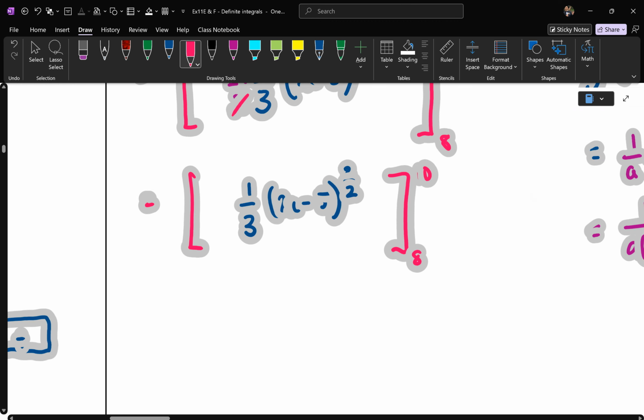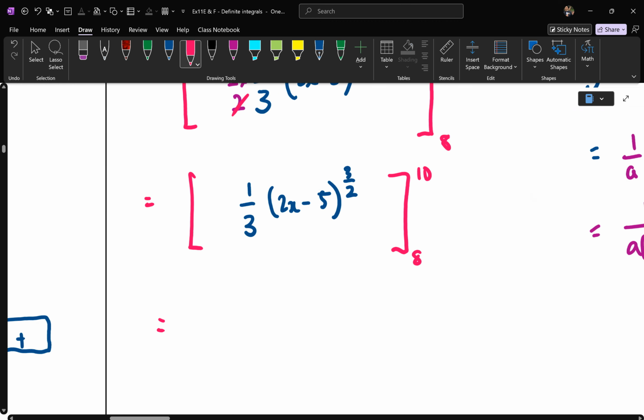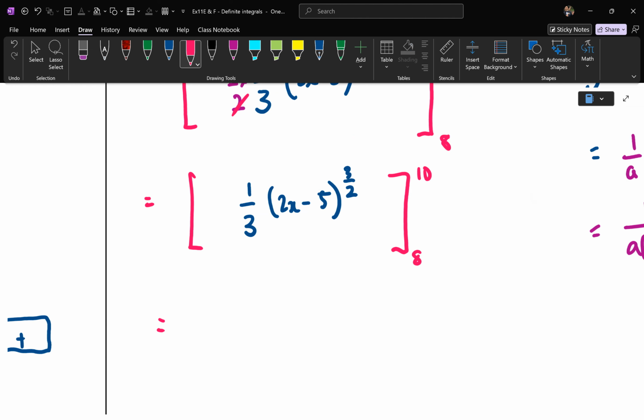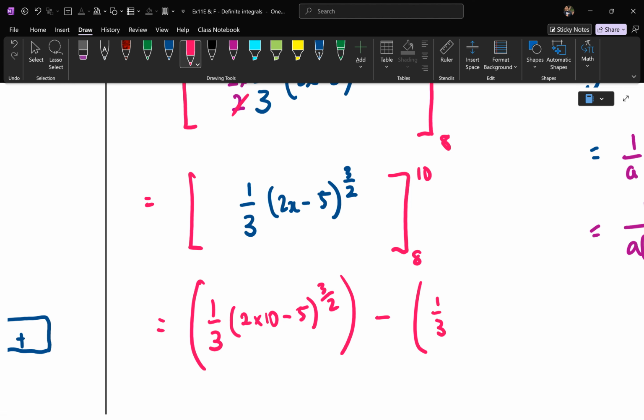And using definite integrals, we are then substituting f of b minus f of a. So in this case, we're doing 1/3 of (2 times 10 minus 5) to the power of 3 on 2. I use a massive bracket here. Minus 1/3 of (2 times 8 minus 5) to the power 3 on 2.